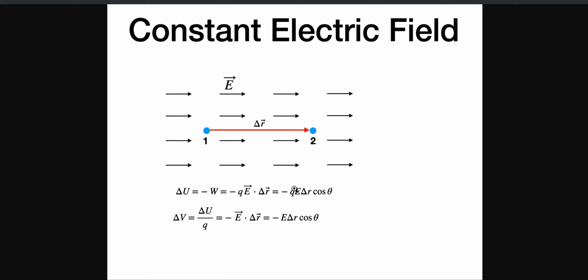Theta is 0, so I just get negative QE delta r. And that's how I would find the change in potential energy. Divide by the charge, and I get the change in potential. And this is true for any constant field where theta is the angle between the displacement and the field. So I can calculate the change in potential in a constant electric field. It's just negative E delta r if they're in the same direction. That I can do.